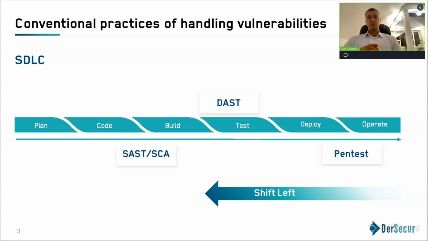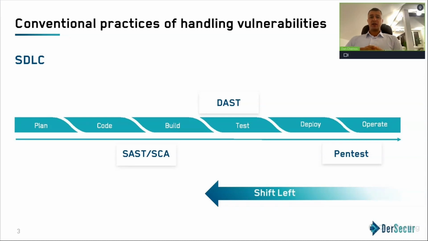Just imagine reviewing your code right after it's born, fresh out of the developer's workshop. And this is the place where the magic of such tools like SAST, which is static application security testing, and SCA, which is software composition analysis, come into play.